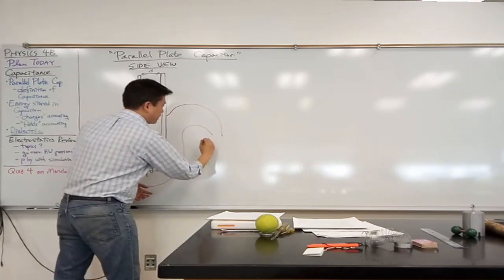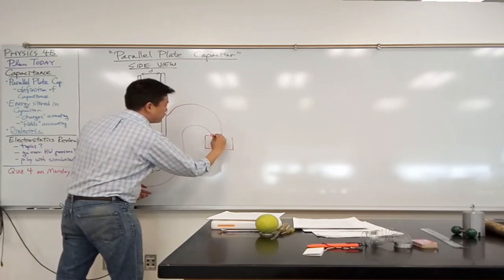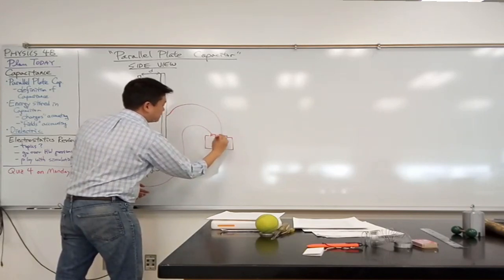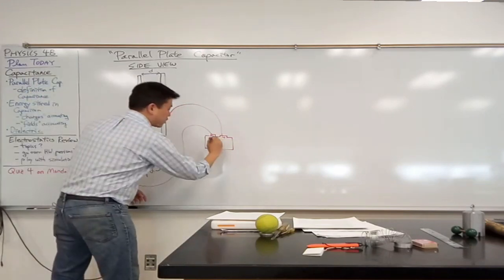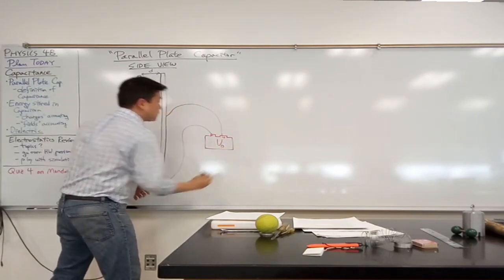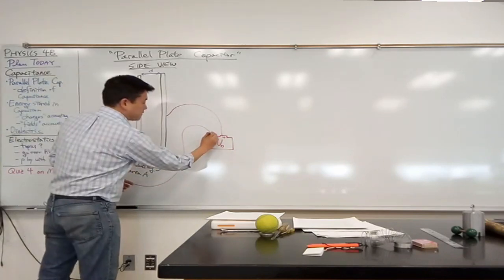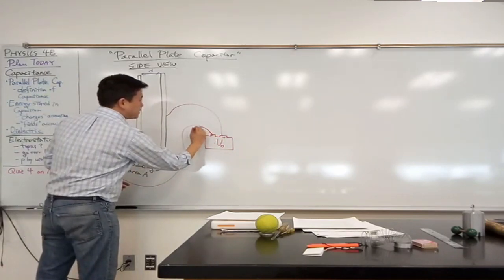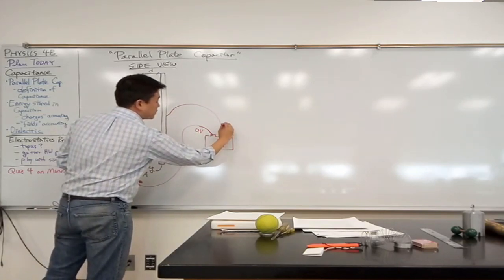Let me draw it like a car battery or something. Actually, I realized I don't know how to draw a car battery. Negative, plus. But it's a voltage source providing some voltage V naught. And for convenience's sake, we can say that this negative terminal here is at 0 volts, and this positive terminal is at a voltage of V naught.